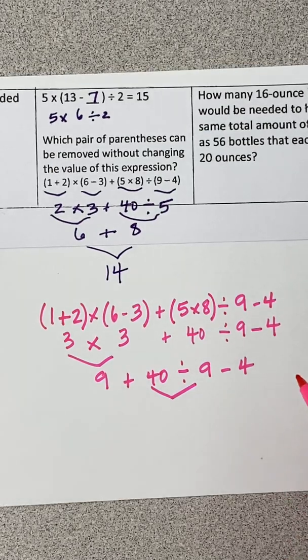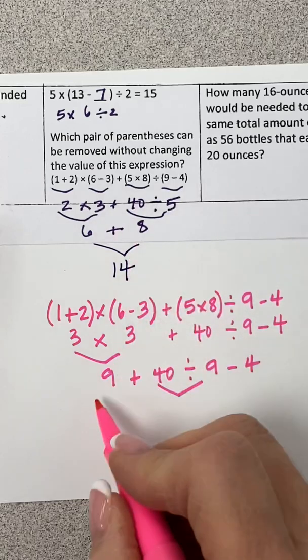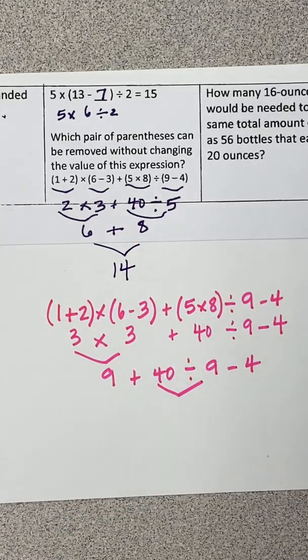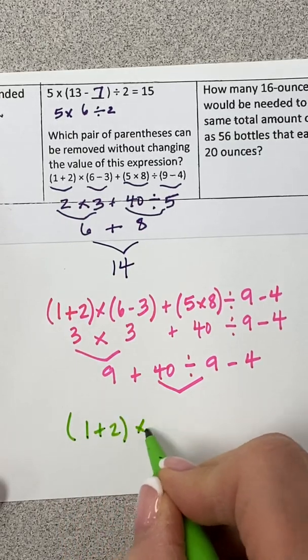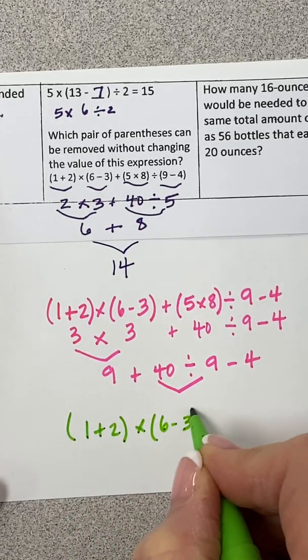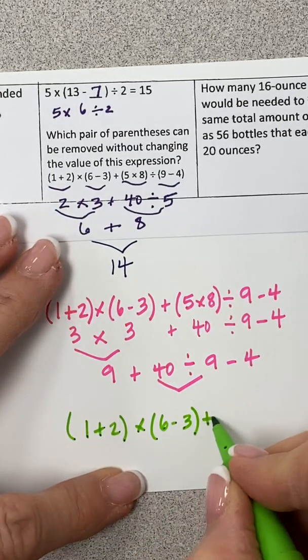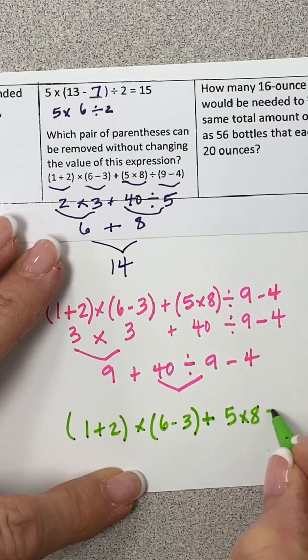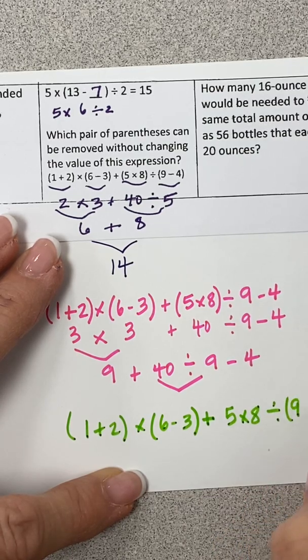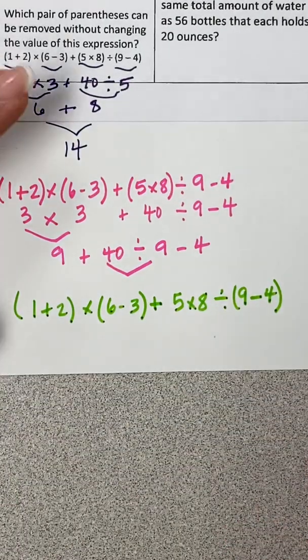So I'm just going to give up on that one, but I'm going to go back and recopy it again. And this time I'm going to do the parentheses 1 plus 2, parentheses times 6 minus 3, parentheses plus, and we're taking out the 5 times 8, and putting it back in here. All right, now let's see what happens here.